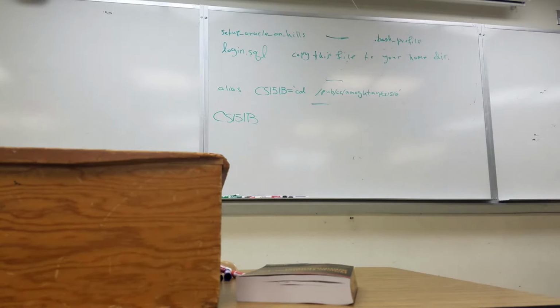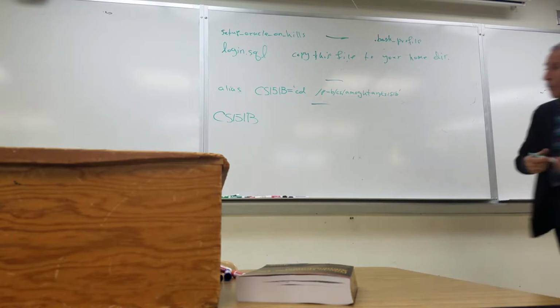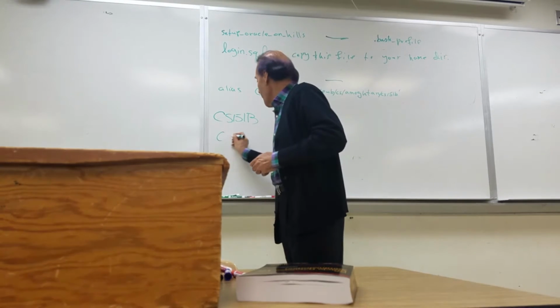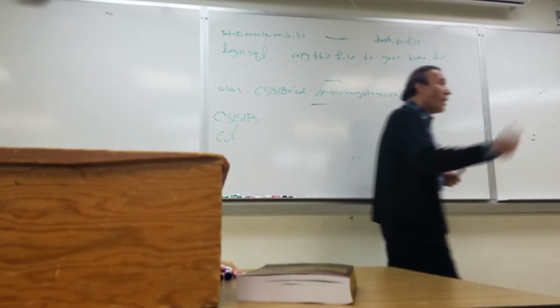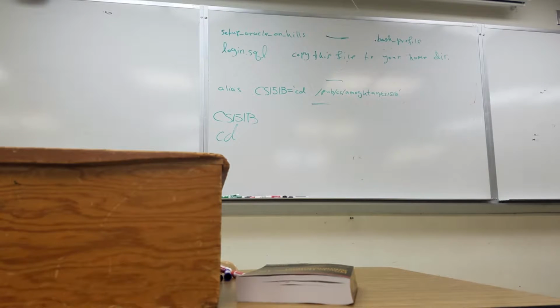Following? You want to go back to your own home directory, simply type cd. cd puts you back to your own home directory, and CS151B immediately puts you into the CS151B in our public directory.